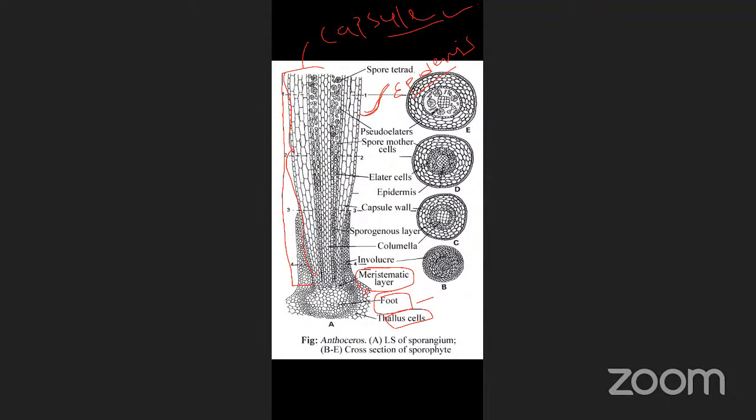After the epidermis, what is the next layer? Cortical. What are the two cell types? Spore mother cells are there. Chlorogenous tissue and sporogenous tissue, these two. Chlorogenous, this one.